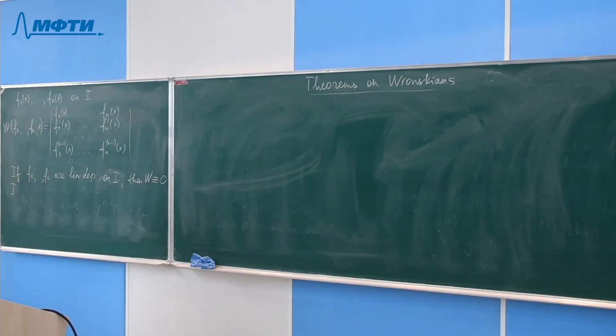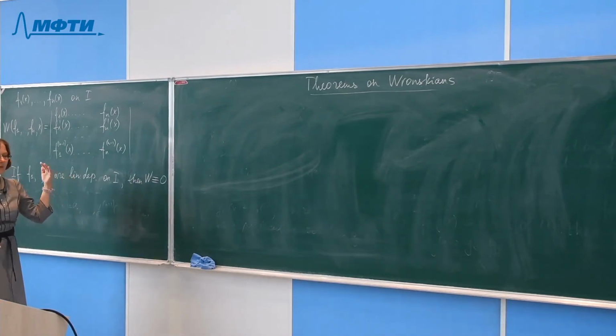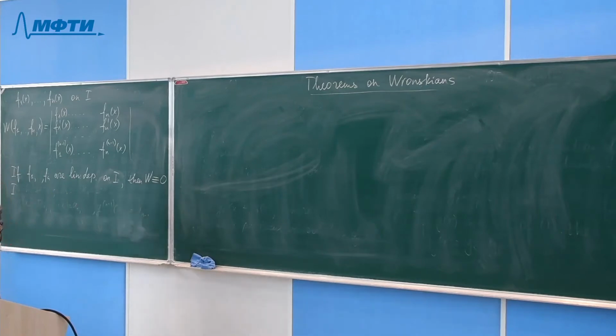There are examples when the Wronskian vanishes identically, but the functions are not linearly dependent, are linearly independent. There are some examples.